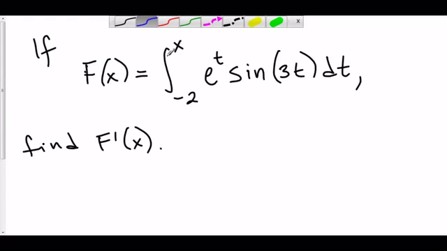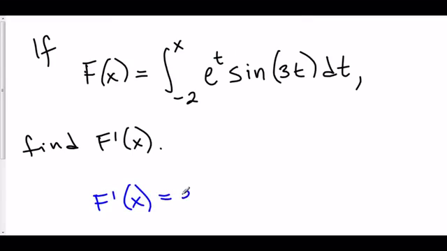That's all we need to be able to do this. So what's going to happen is the derivative of the integral cancels out, and instead of t, I'm going to replace that with x. And that's all you have to do on these problems. So F prime of x is equal to e to the x sine of 3x. Done.